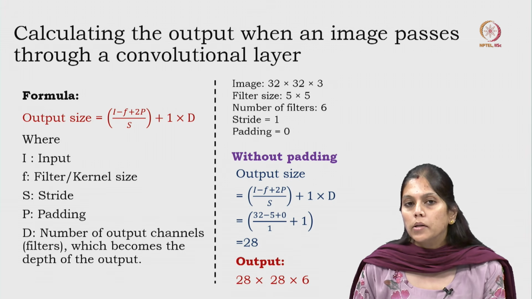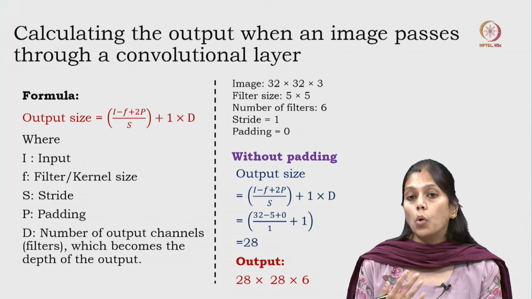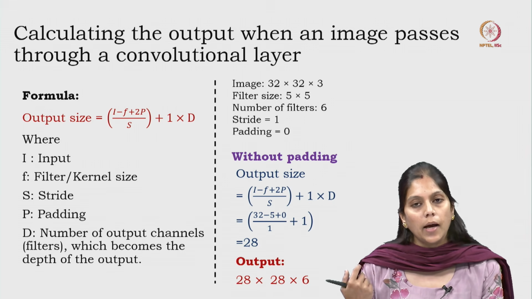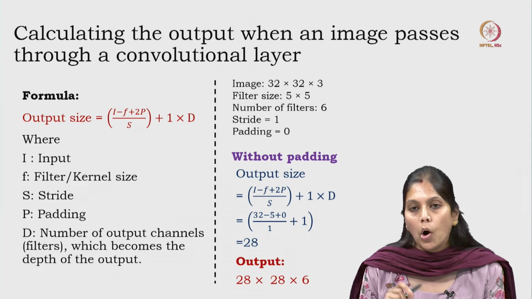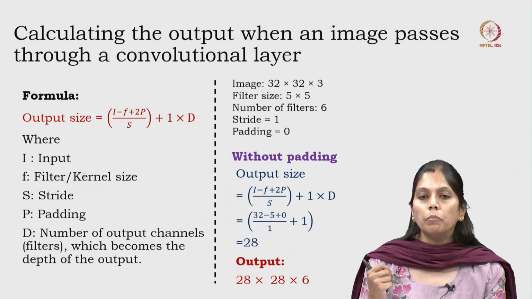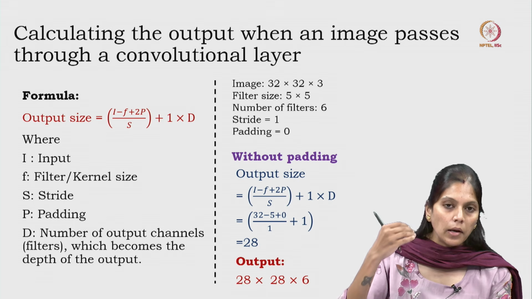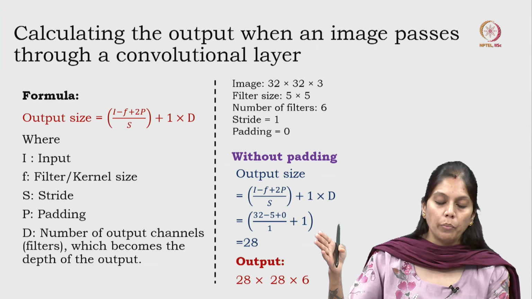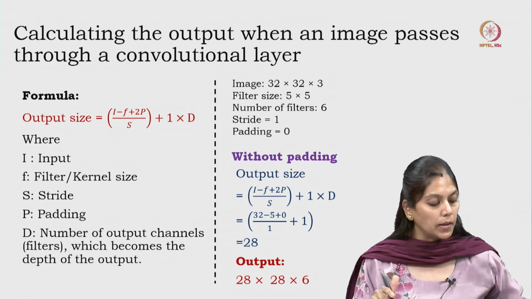Now if you don't want to get into this math, then in the hands-on you will see something called model.summary. When you give model.summary, you will be able to visualize what the output is after every layer.